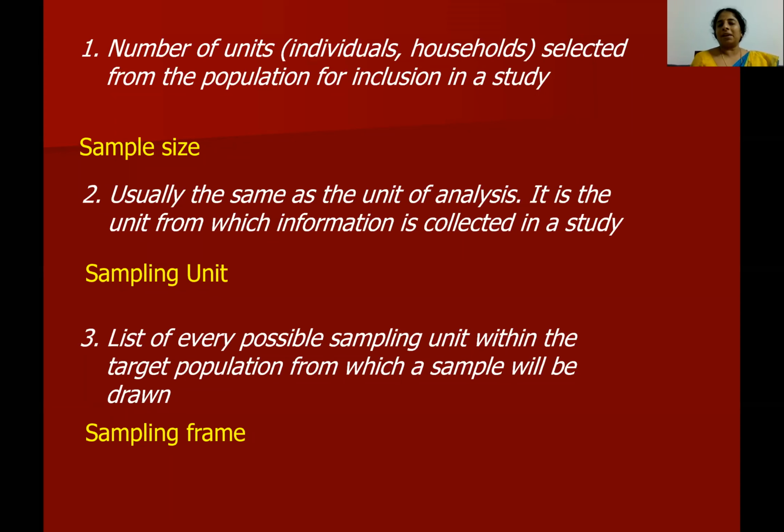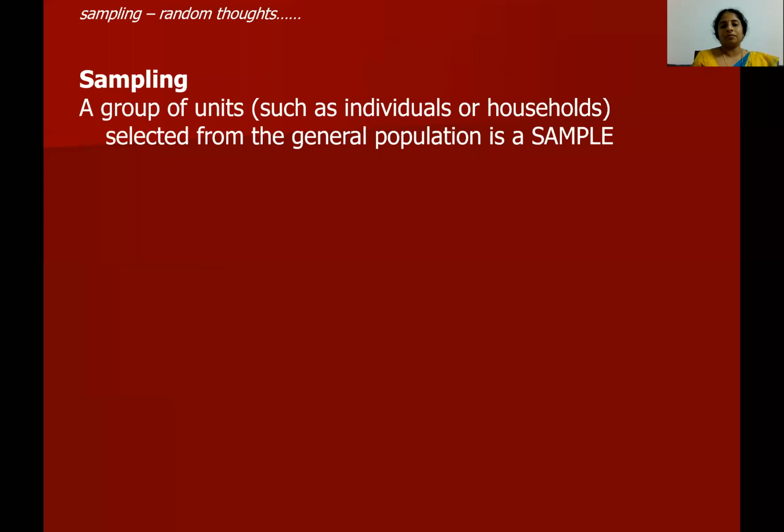So it depends. In certain ophthalmology studies, you can take one eye as a sampling unit. For certain community medicine studies, it could be that one household is a sampling unit. But the list of every possible sampling unit within the target population is called a sampling frame.